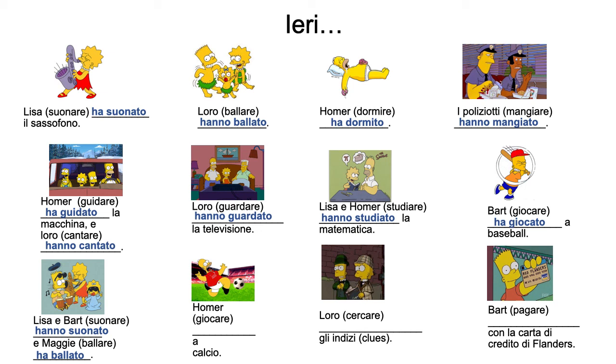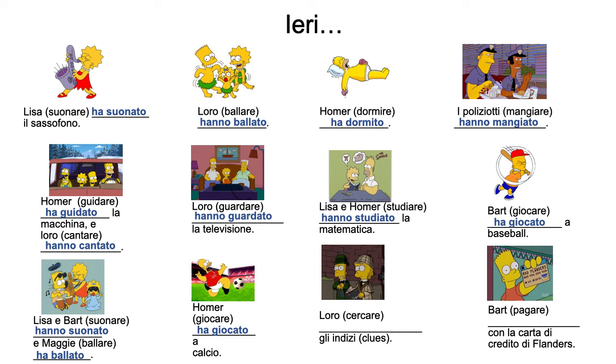Two elements, avere and then the past participle, right? The form of avere I need is the lui form because it's Homer that is the subject, so it's ha. And then the past participle of giocare, get rid of are, insert ato. Homer ha giocato a calcio. Homer played soccer.